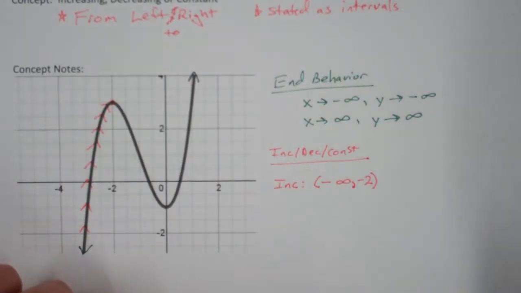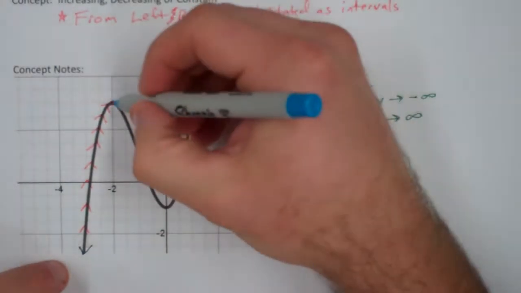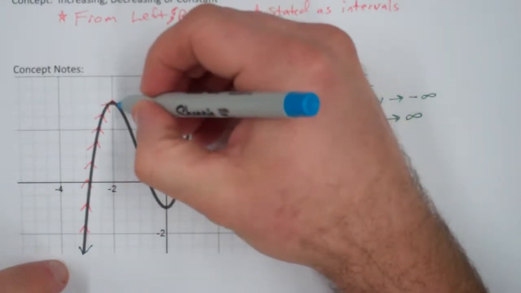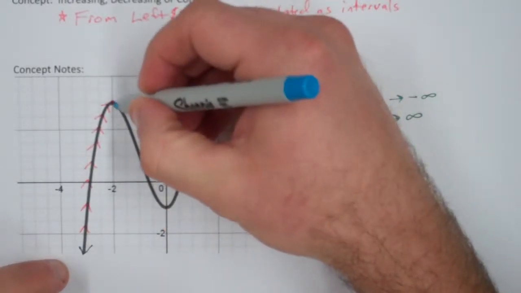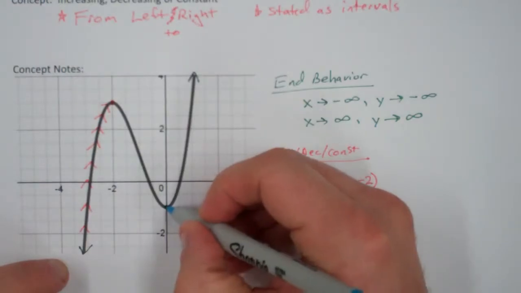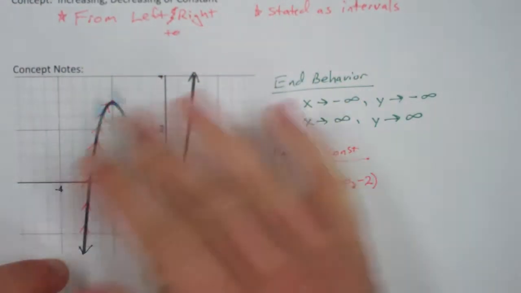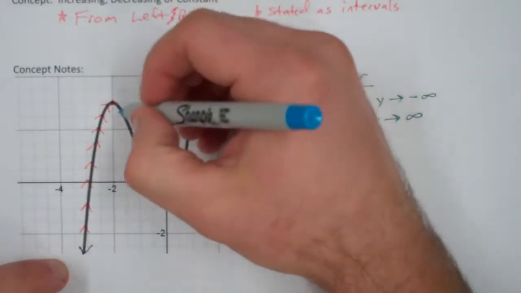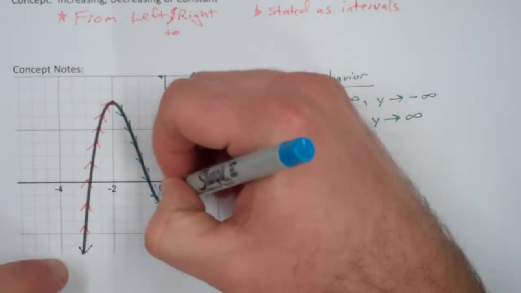Now what we're going to do is take a look at this other portion of the graph, and I'll go with a different color here for you. So we're going to do the decreasing portion right here. And so at this point, we're still moving left to right. We're kind of going like downhill or down a coaster from -2 to this point. If you were to go from left to right only, and again, that is the concept here, we are only going from left to right, the graph would be decreasing.